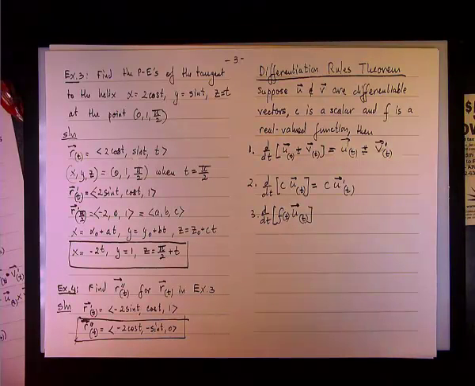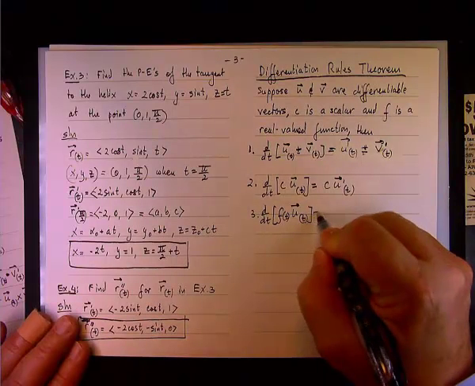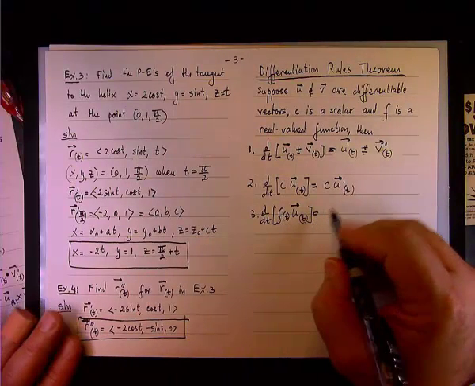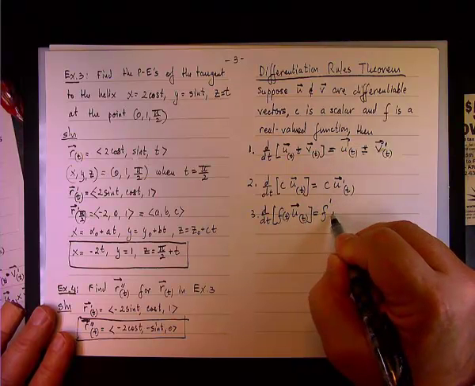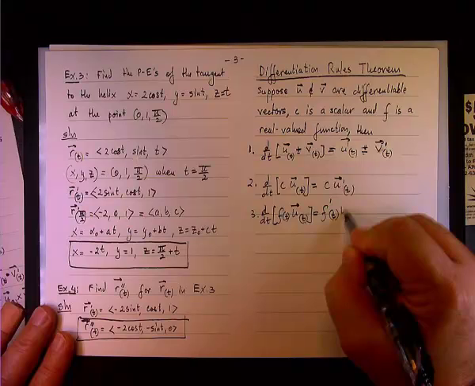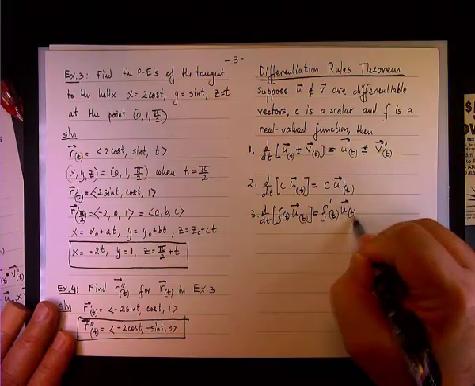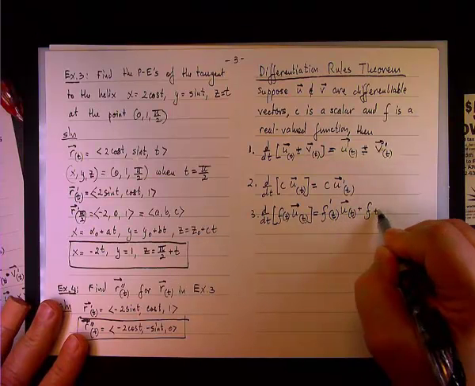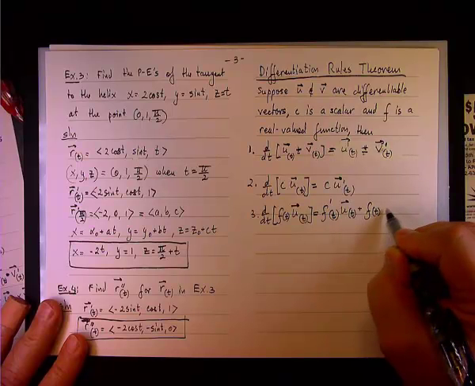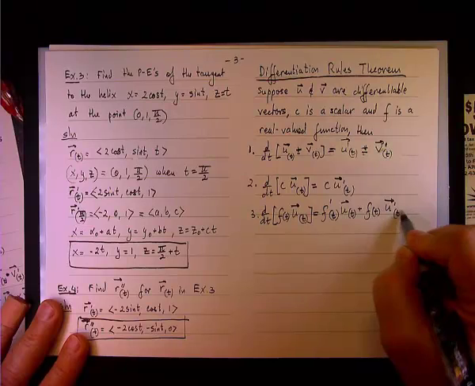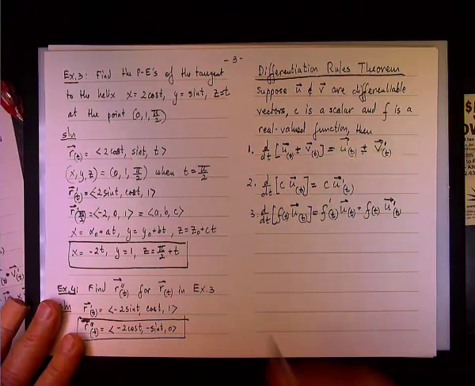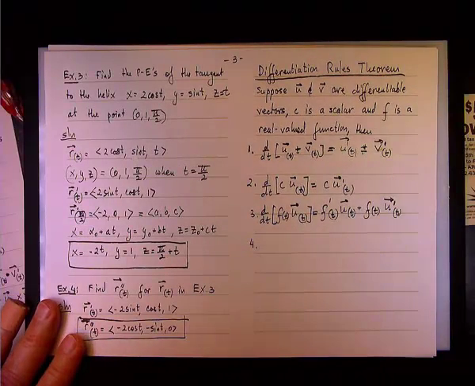What rule did we use to deal with a product of two functions? The product rule, right? So it will be the same thing. We'll have f prime of t times u of t plus f of t times u prime, the vector u prime of t.